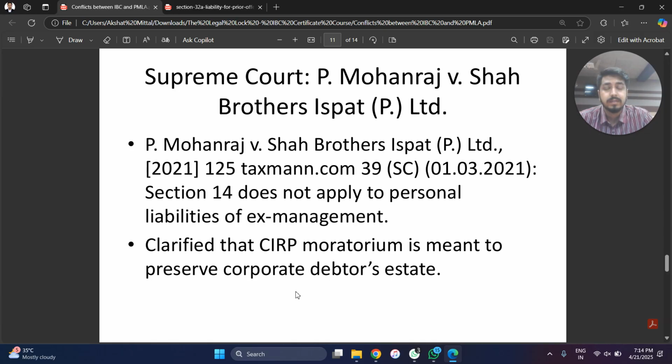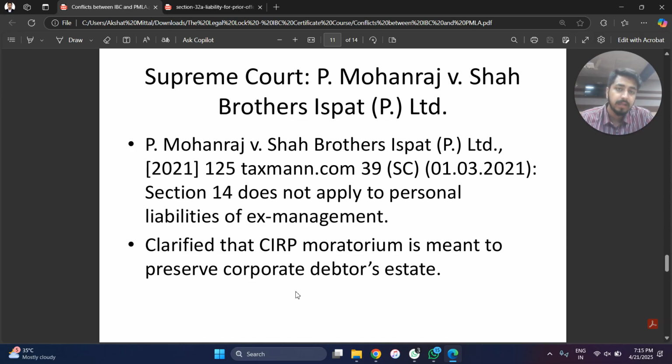The Supreme Court took into consideration Section 141 of the NI Act to say that in cases of cheque bounce under Section 138 of the Negotiable Instruments Act, when the offense is committed by a company, it is the management who is to be held responsible and guilty. Therefore, by analyzing Section 141 of the NI Act, the Supreme Court observed that there should be lifting of the corporate veil, and 138 proceedings, due to the operation of Section 14 IBC, cannot operate against the company, but may operate against the management, because Section 141 of the NI Act makes it clear that when the cheque bounce offense is committed by a company, it is the management who has to be held responsible.